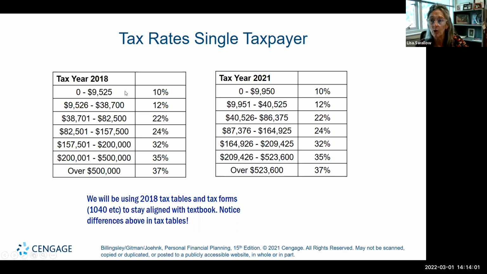The way this table works is the first $9,525, my tax is 10%. Then the difference between these two numbers, or the next chunk of my taxable income, is taxed at 12%. And then the next chunk of income in here is taxed at 22%.